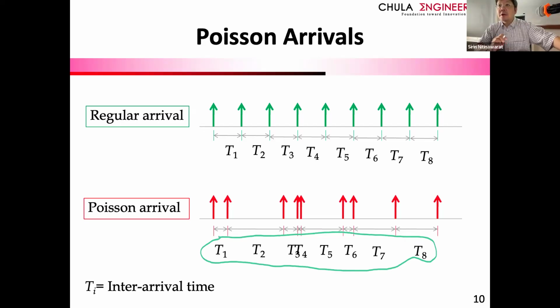What should be their distributions? T1, T2. What do you think should be the distribution of the inter-arrival times, given the description of the Poisson arrival that I told you?